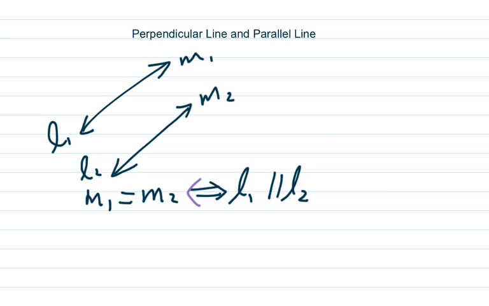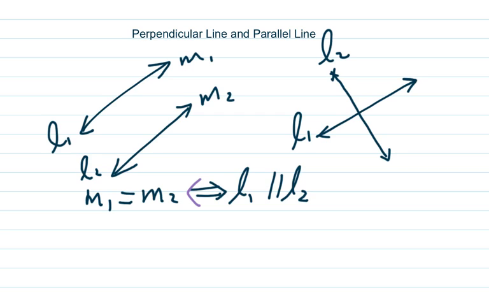Then we have another line like this. This is your L1, then here's your L2. And this is the slope, and here's the slope too. Then we call this perpendicular to each other.